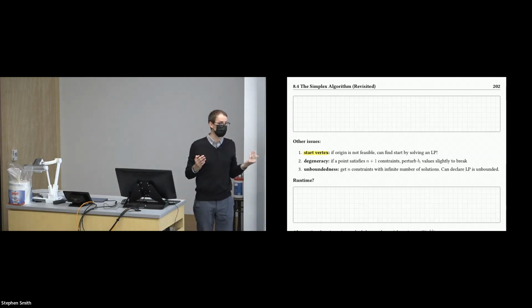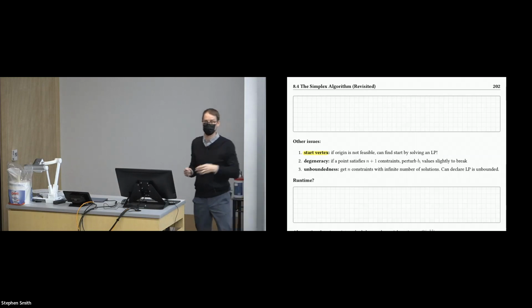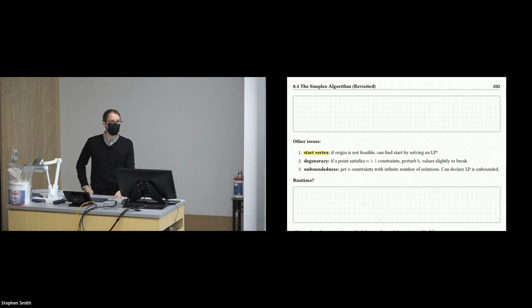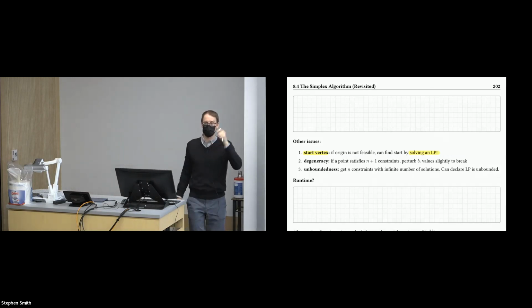Sometimes the origin won't be feasible. And so I actually have to find a feasible vertex just to get started with the Simplex algorithm. And the idea to do that is, again, nothing's easy. I start by solving an LP, just a different one, just to find a feasible vertex in the problem I want to solve.